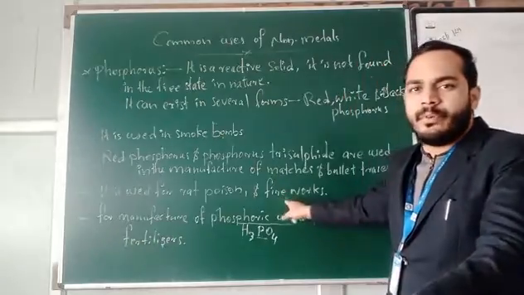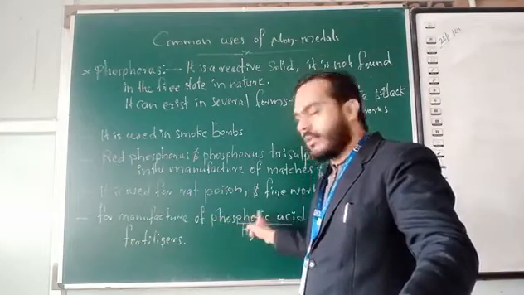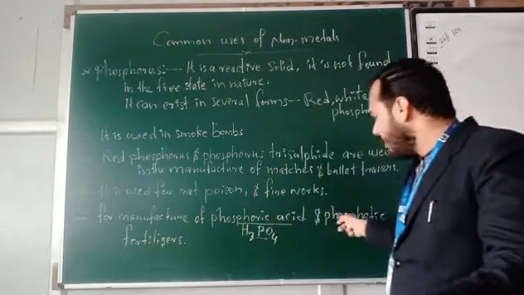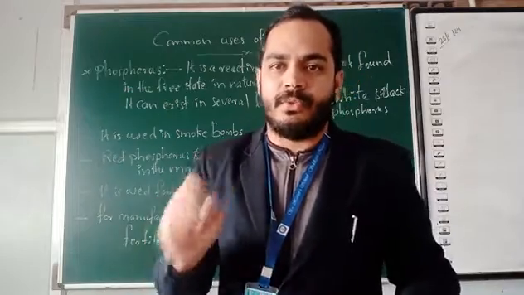It is used for fireworks, and for manufacturing phosphoric acid and phosphatic fertilizer. These are the main uses of phosphorus.